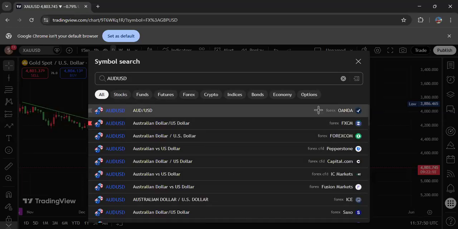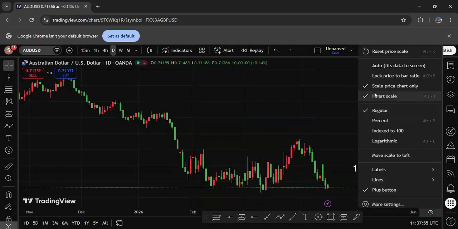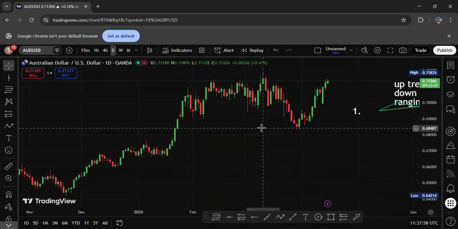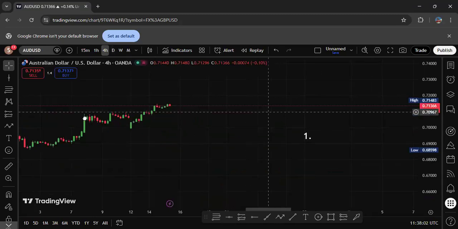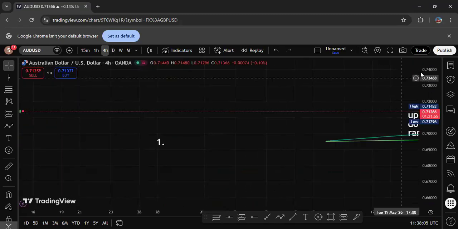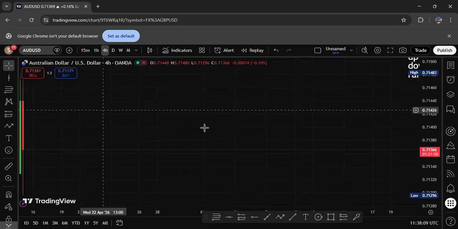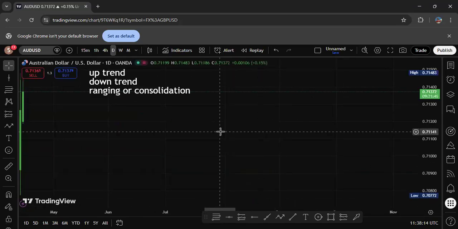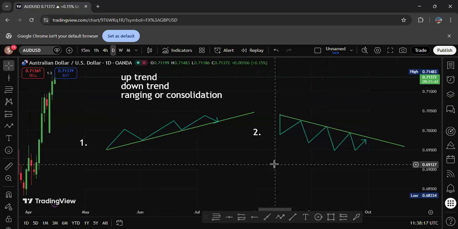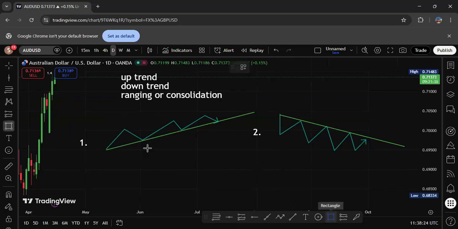Here is my AUD USD. Trying to get this back, it's not working. Okay, so we have two examples here. Then the third is the consolidation or ranging.